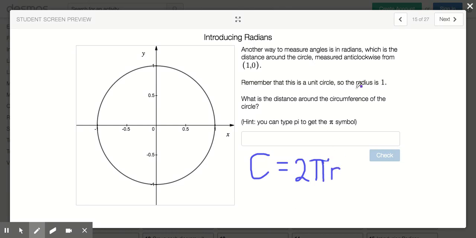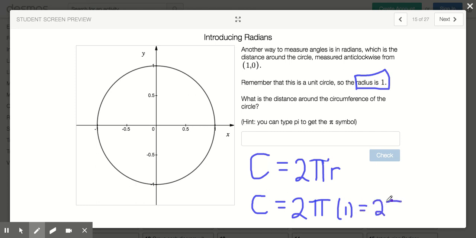They tell you here that the radius is 1, okay? So knowing that the radius is 1 here, what would the circumference be? I'll give you guys a second to think about that. Okay, so you should have 2 times pi times 1, which will give you 2 pi.